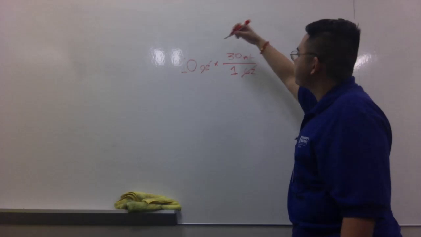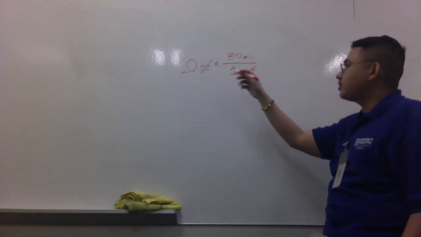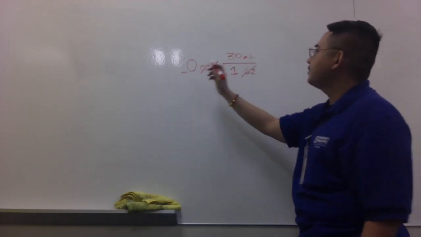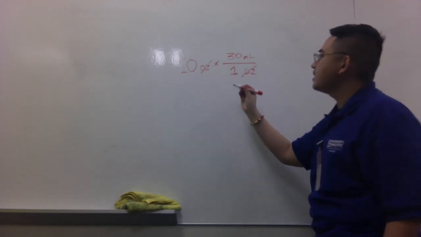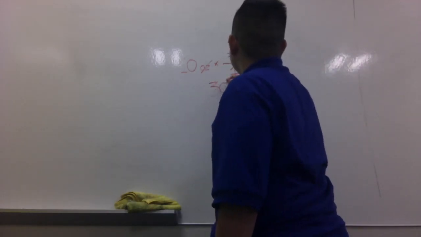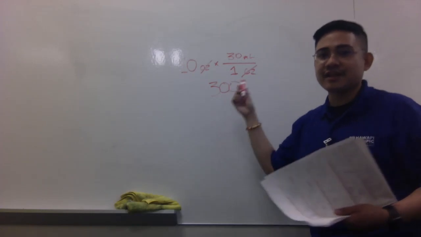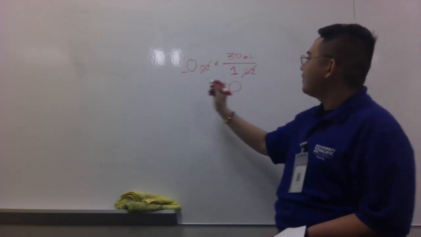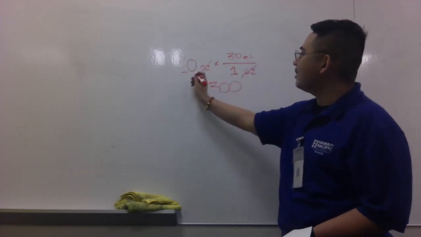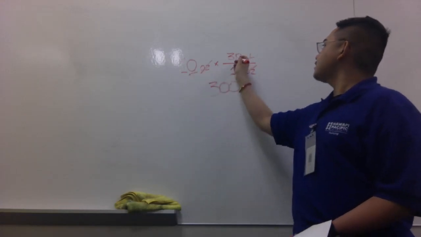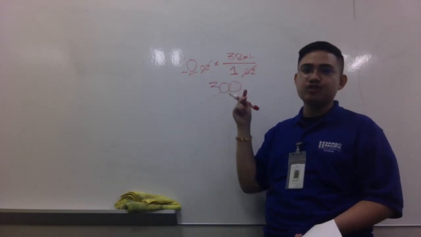So, then we just cross multiply. 30 times 10 is 300. Or you can use a calculator, but here's a trick. We know for sure this one has a 0 and this one has a 0. So how many zeros do we see here? 2 zeros.